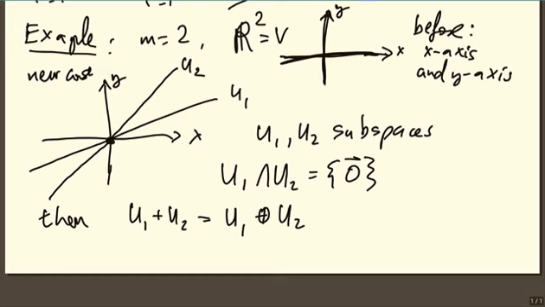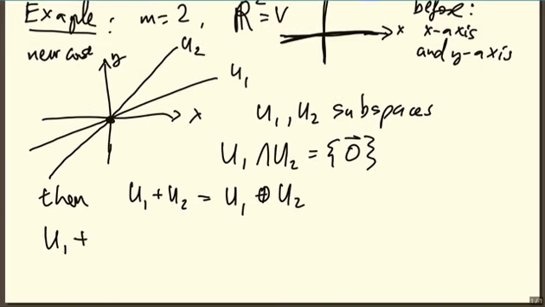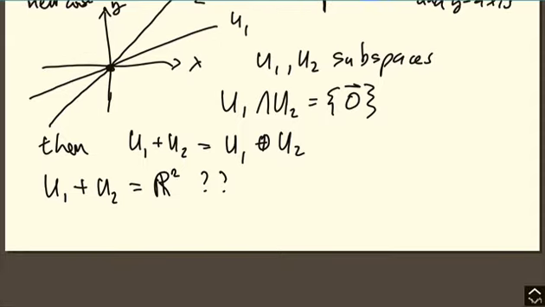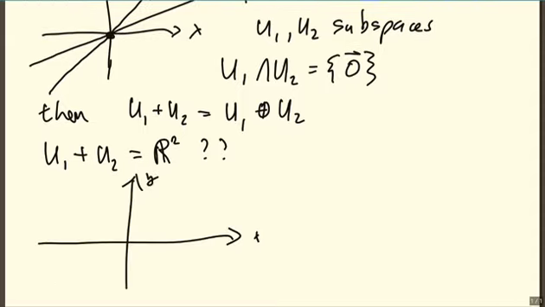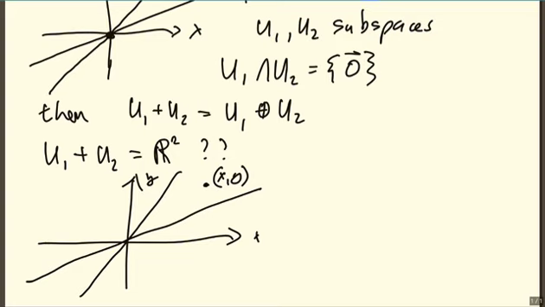Maybe what's not clear is that the sum itself equals R2. Is it really the case? Well, if you have these two lines, and any xy point or xy vector, then, from undergraduate linear algebra perhaps, we can draw lines parallel to these other lines.